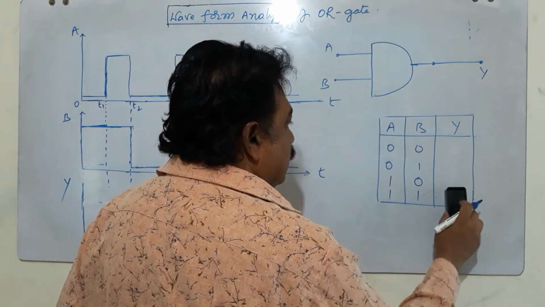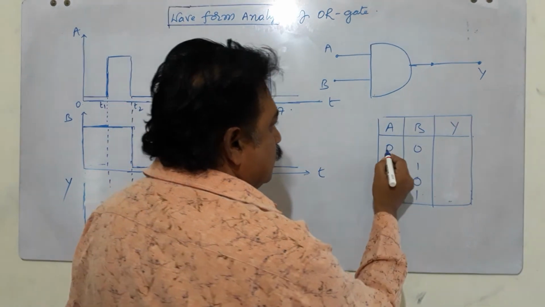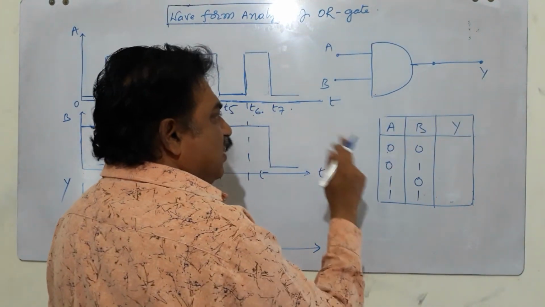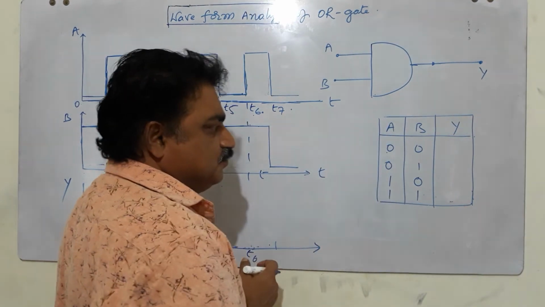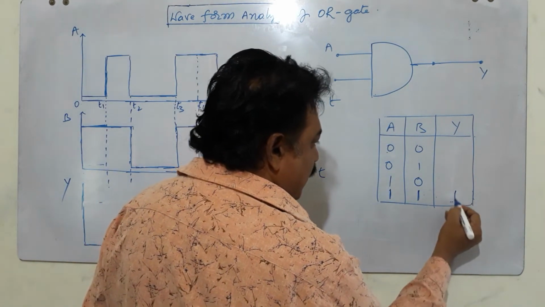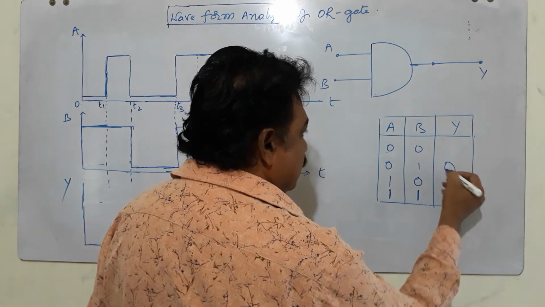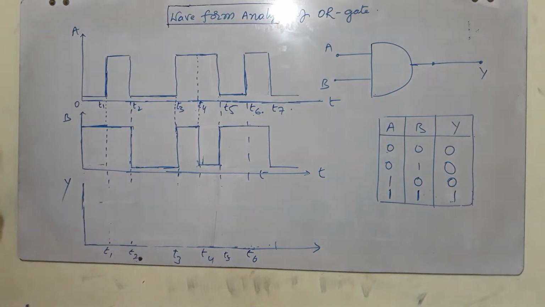For the AND gate, the truth table is: output will be there only when both the inputs are high. So, if both the inputs are high, then only the output is high. In the other cases, the output will be 0.